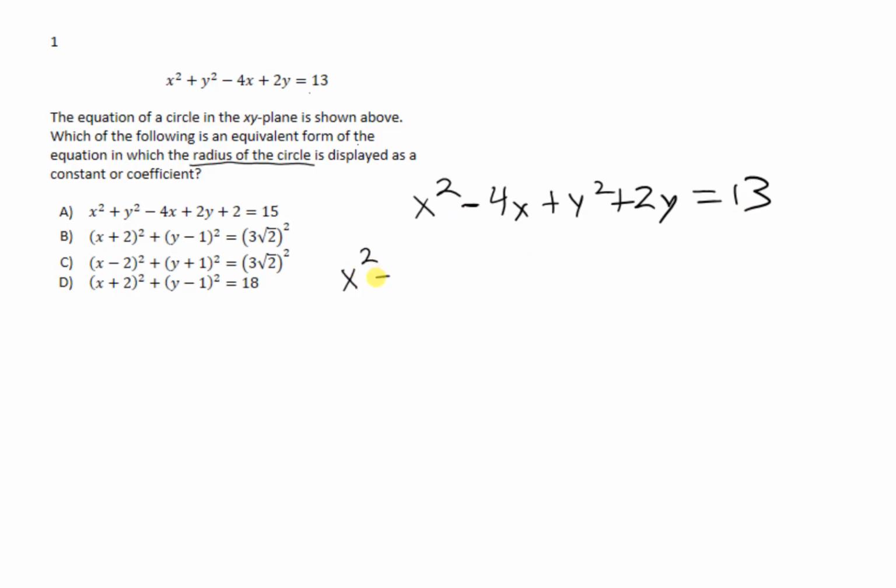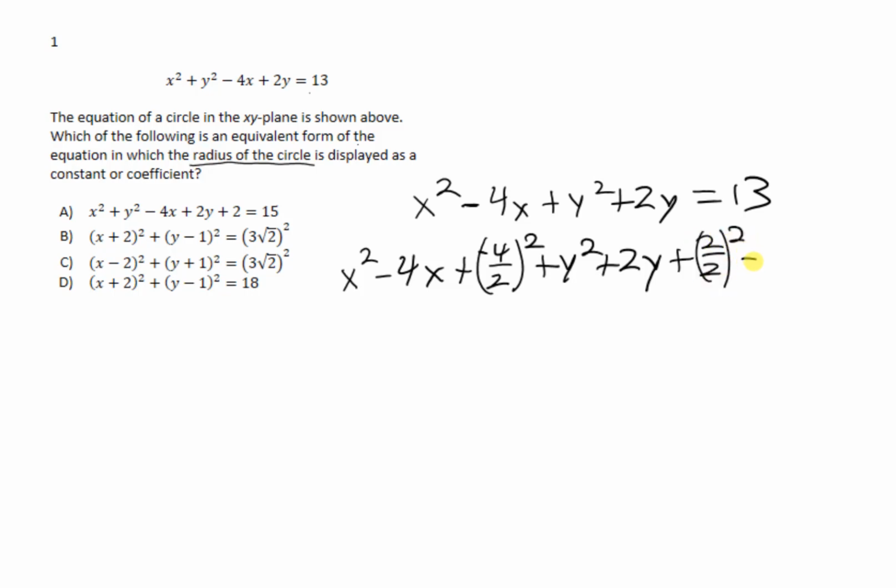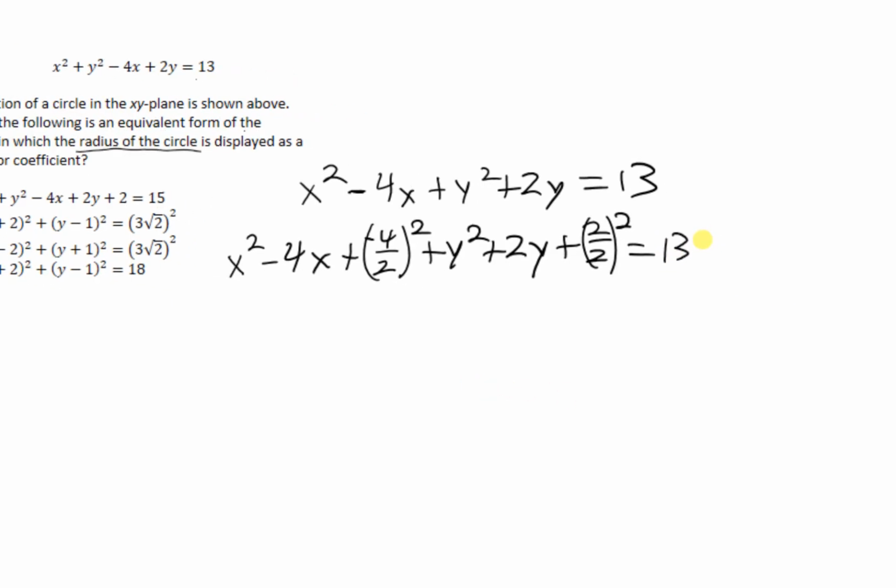I have x squared minus 4x, and then plus negative 4 over 2 quantity squared, plus y squared plus 2y, and then 2 over 2 quantity squared. And then, of course, I have to remember to add those to the 13 on the right-hand side. So that's going to be plus negative 4 over 2 quantity squared, and plus 2 over 2 quantity squared.